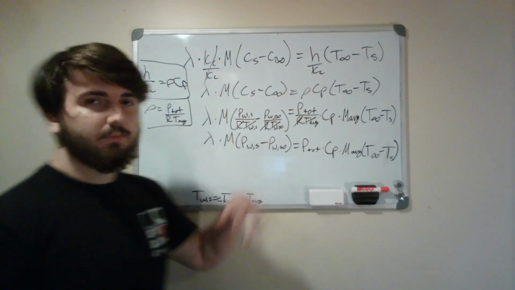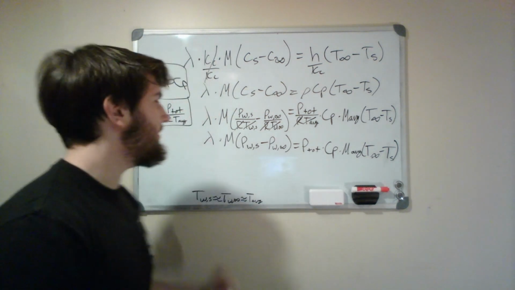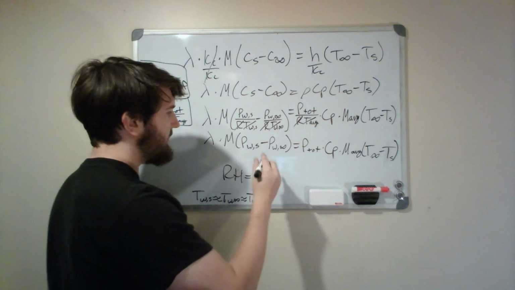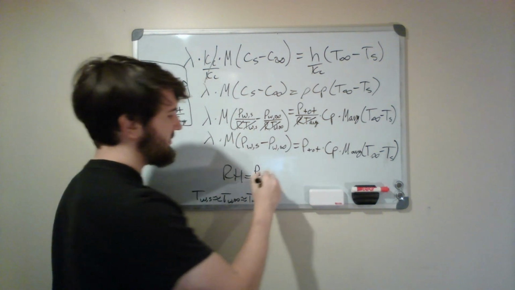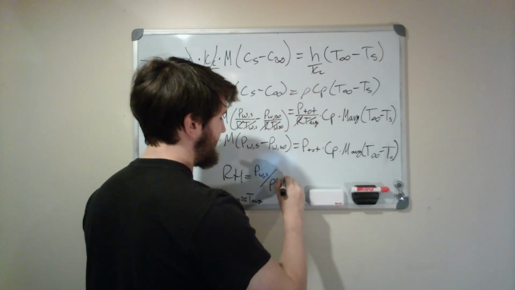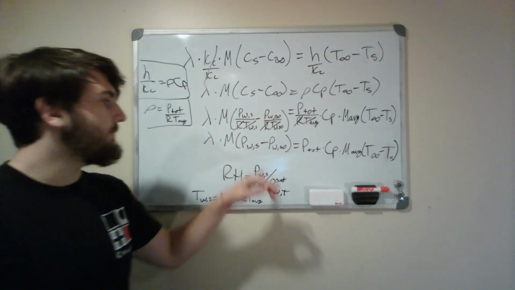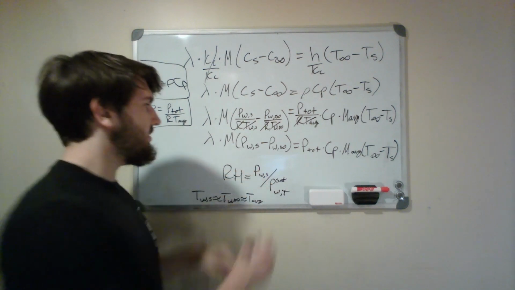And actually, we can work with what we have here because this helps us to find the relative humidity. Now, the relative humidity we can derive from this. We know that that is the pressure of the water at the surface all over the saturated pressure of the water at certain temperature T. Now, from this equation, we can find that pressure of the water at the surface.